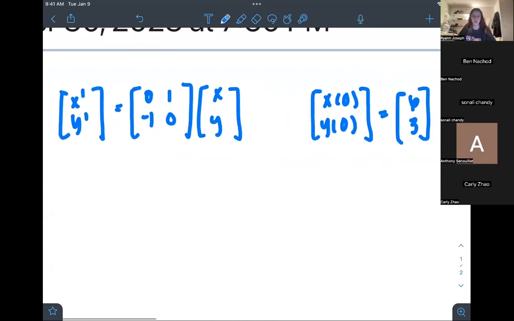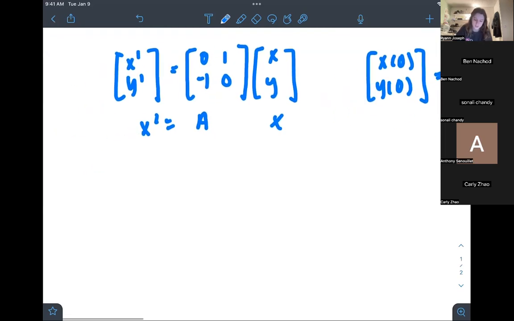So this question, week 11, it is x prime equals A x, which is what we have here. We want to solve for the eigenvalues and the eigenvectors, and that allows us to form the solution set. So first thing we're going to do is solve for the eigenvalues.